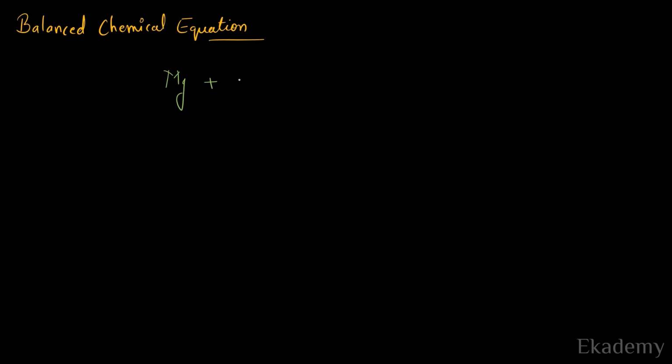Magnesium combines with oxygen gas to form magnesium oxide. As per the law of conservation of mass, the total mass of reactants must always be equal to the total mass of product, and that can be achieved by balancing the number of atoms of each element on the reactant and product side.